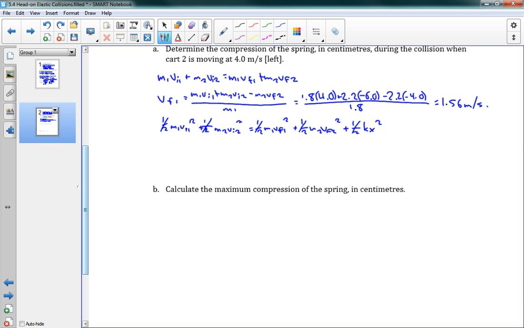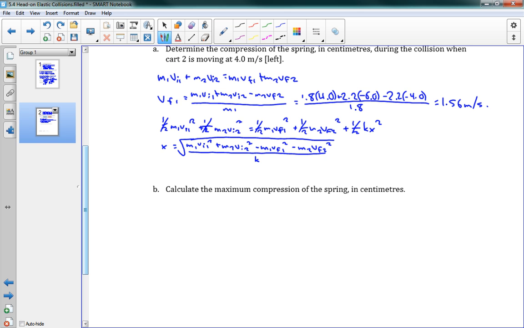Good. Now I want to solve for x. x is equal to the square root of, and I'm going to write all that out again, m1 vi1 squared plus m2 vi2 squared minus m1 vf1 squared minus m2 vf2 squared, all of that divided by k.